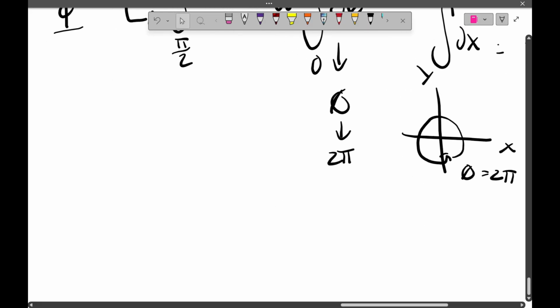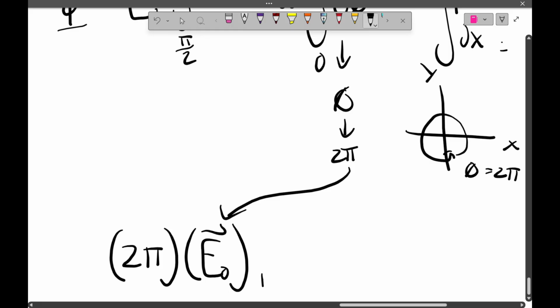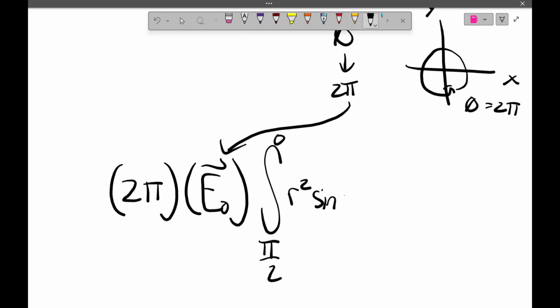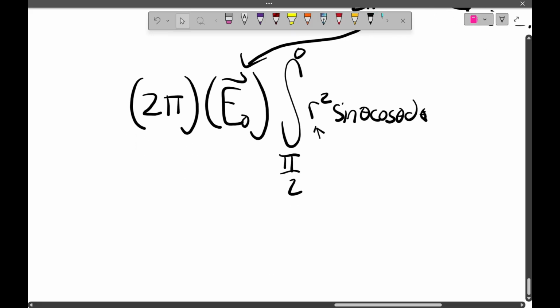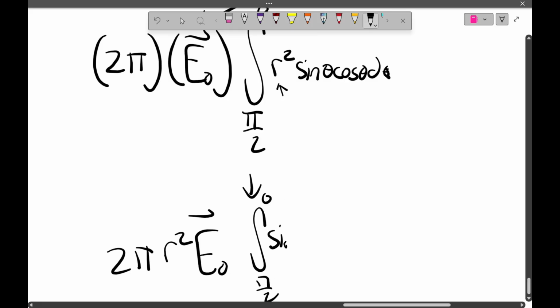So you get a factor of 2 pi, and you can rewrite that as 2 pi E naught times the integral from pi over 2 to 0 of r squared sine theta cosine theta d theta, and r is also constant. So we can move that out and say 2 pi r squared E naught times the integral from pi over 2 to 0 of sine theta cosine theta d theta.